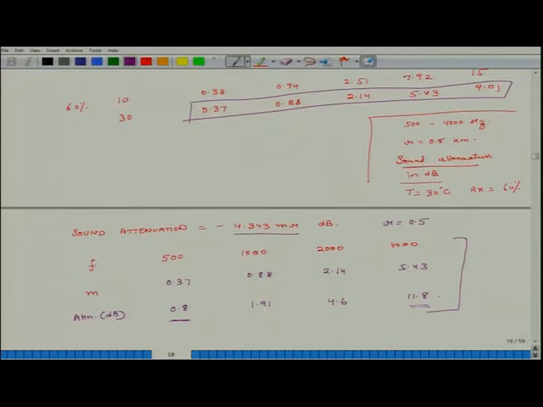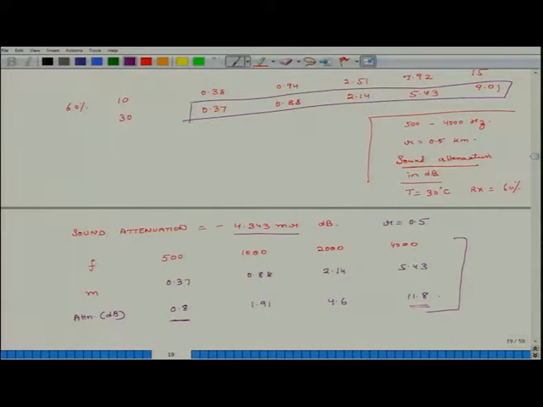So at low frequencies, the effect of air is negligible. If you look at 100 hertz or 50 hertz, this number will be even smaller, negligible. But at higher frequencies, especially beyond 2000 hertz, air acts as a very strong filter and absorbs a lot of sound, but at low frequencies does not absorb a whole lot of sound. So this is the second thing.